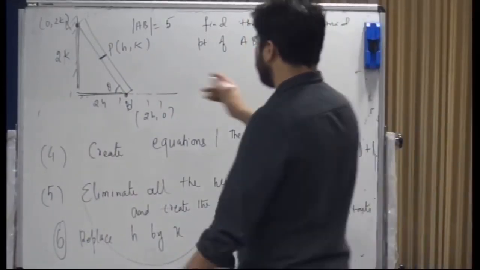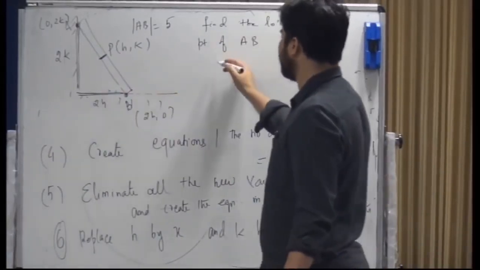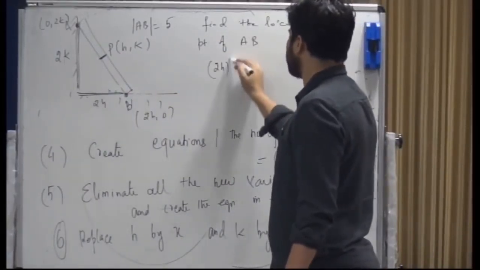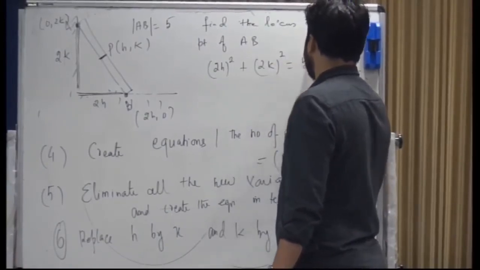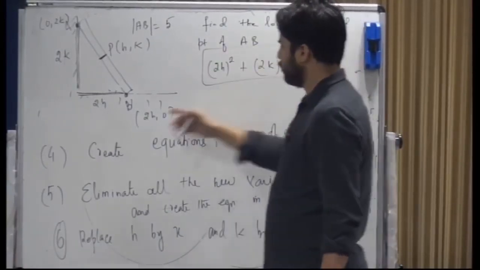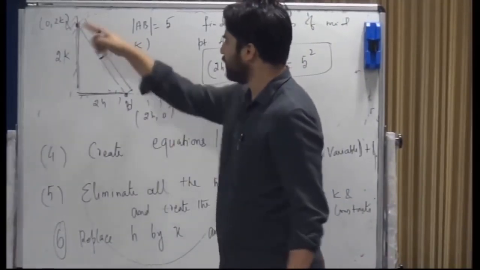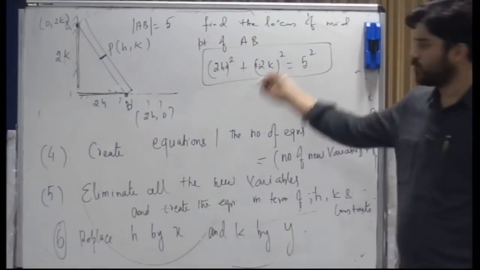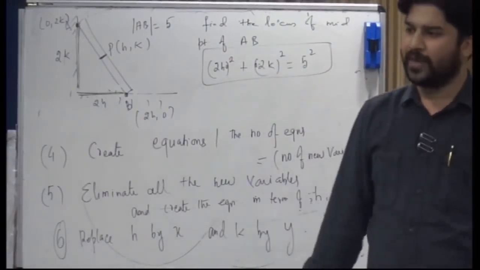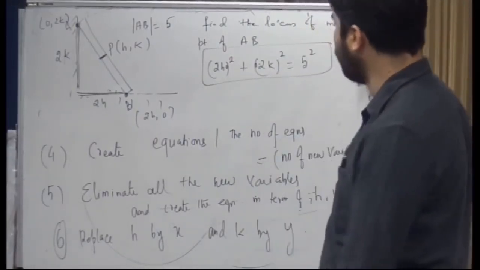First I am telling you without a variable. Without a variable you can directly say (2h) whole square plus (2k) whole square is equal to 5 square. Right or wrong? 2h minus 0, 0 minus 2k. I didn't write 0, you can write it. (2h minus 0) whole square plus (0 minus 2k) whole square is equal to 5 square.